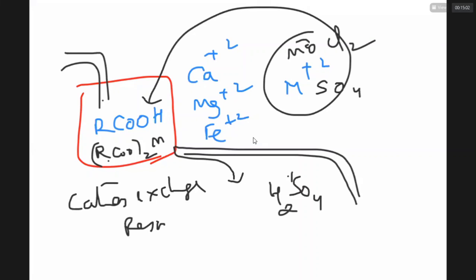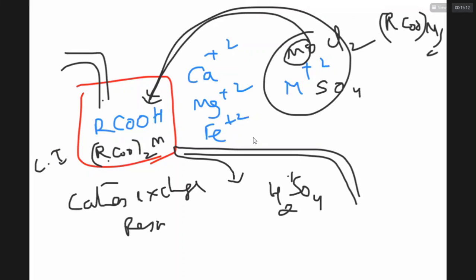Then the magnesium ion is absorbed by the resin so that it becomes (RCOO)2Mg. The cation exchange resin will take Mg2+ ions and give 2H+. As a result, the outcoming water will have HCl.